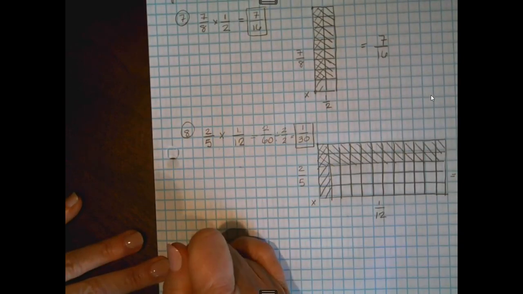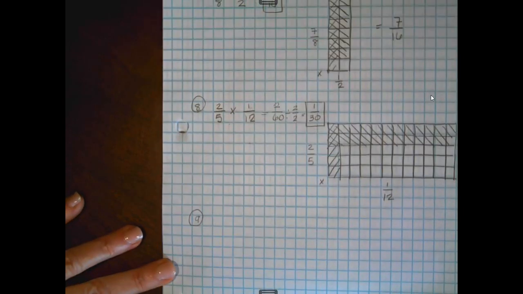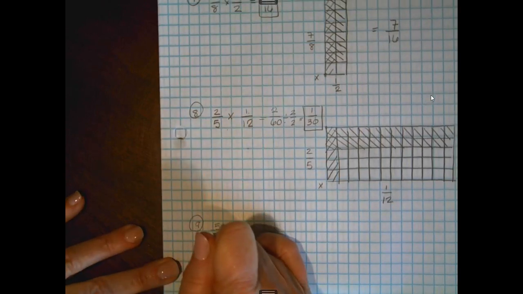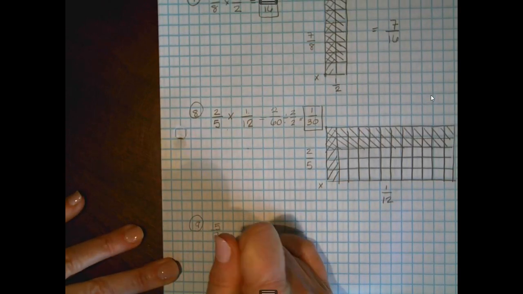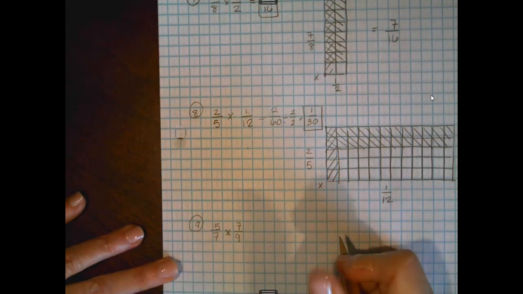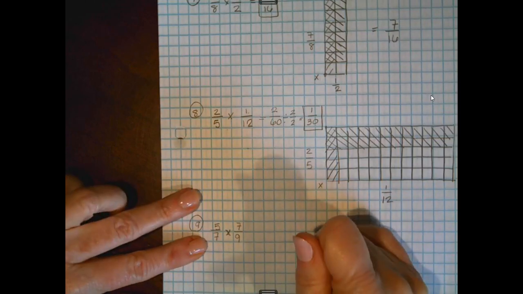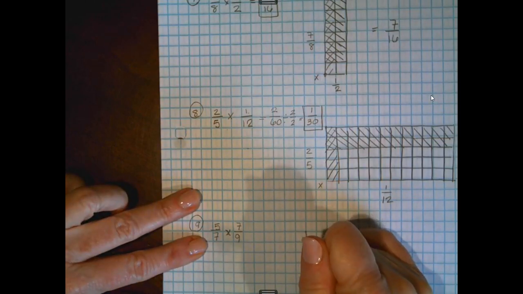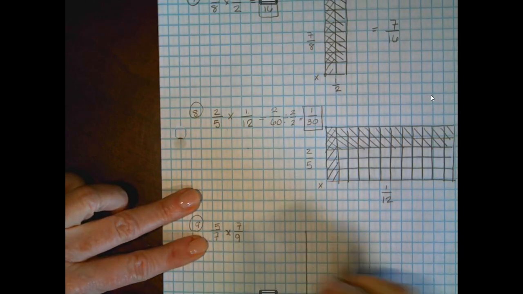All right, let's take a peek at number 9. Number 9, you're multiplying 5/7 times 7/9. And I know that. It's written in the book 5/7 of 7/9. That's my word clue that I am multiplying. All right, so I need to draw 7 rows and 9 columns.